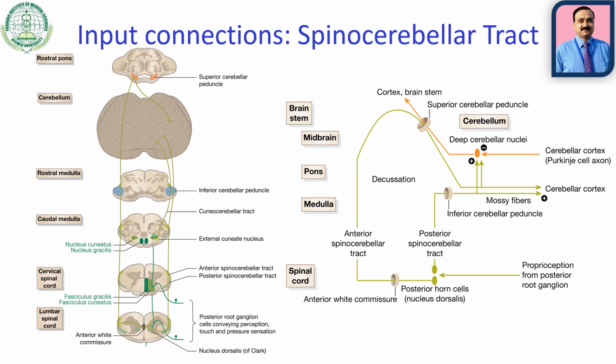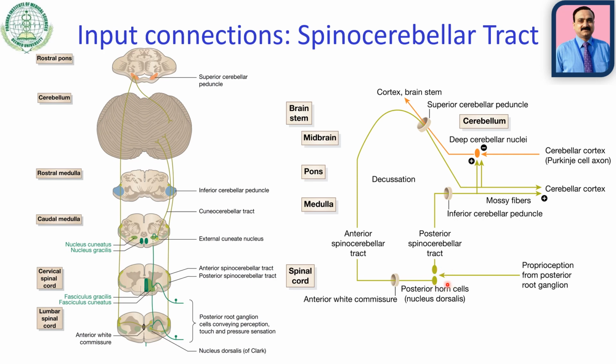How are these input connections formed? First, the spinocerebellar tract. The proprioceptive fibers coming from the posterior root ganglion come to the posterior horn cells, that is the nucleus dorsalis of the spinal cord.